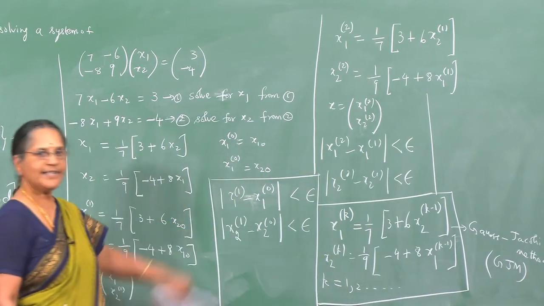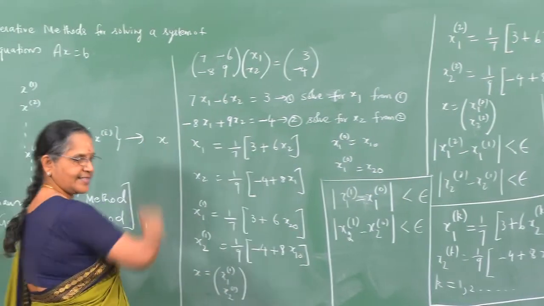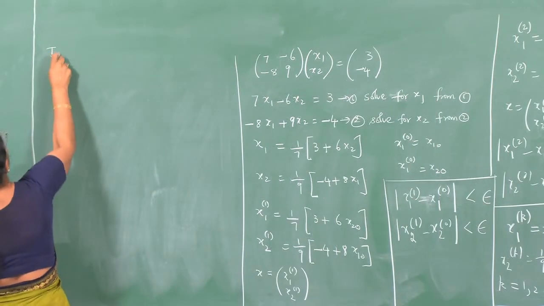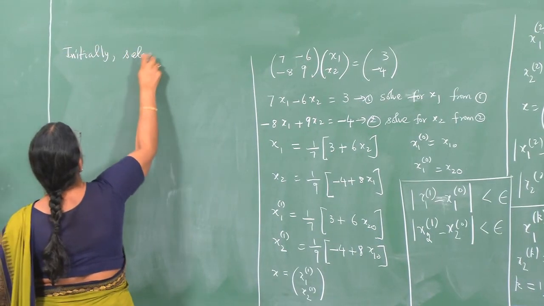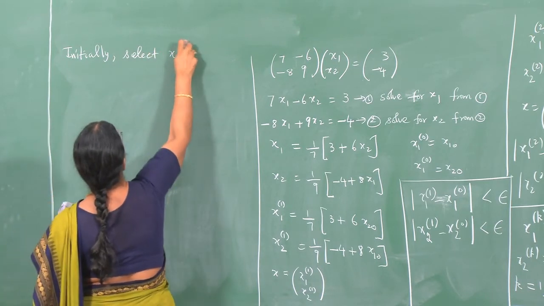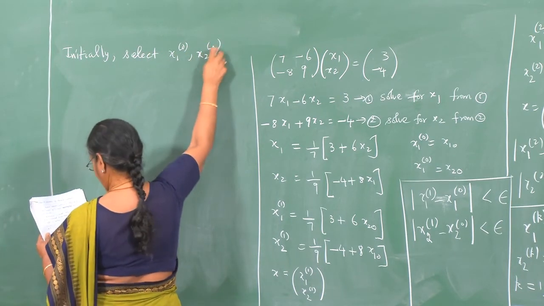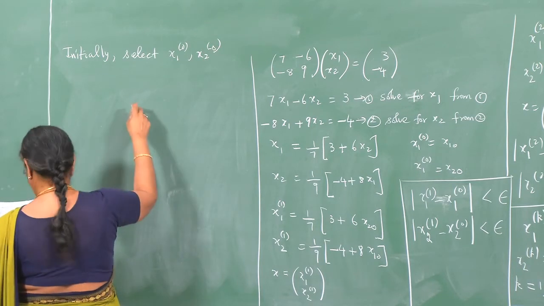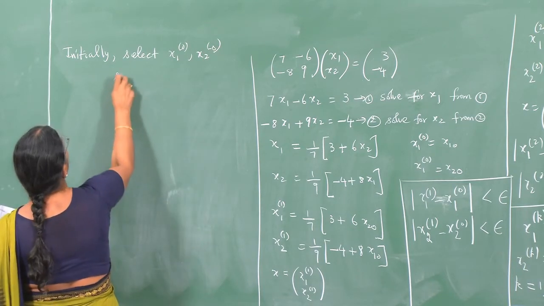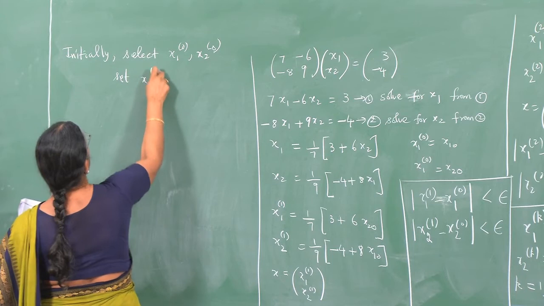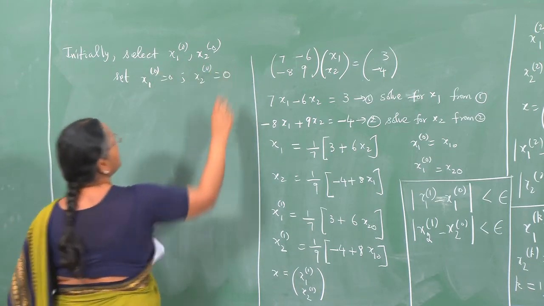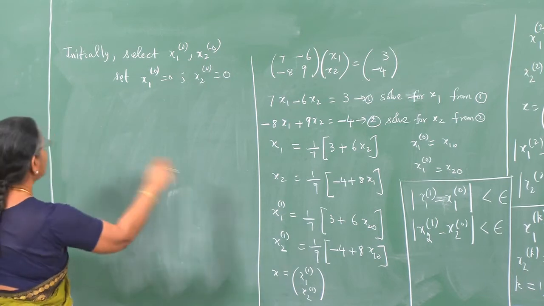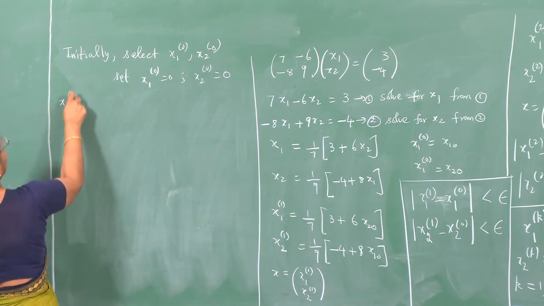So, let us apply this technique and solve this system. So, we initially select x10 and x20. So, we simply set them to be 0. And then use that. So, what is x11?